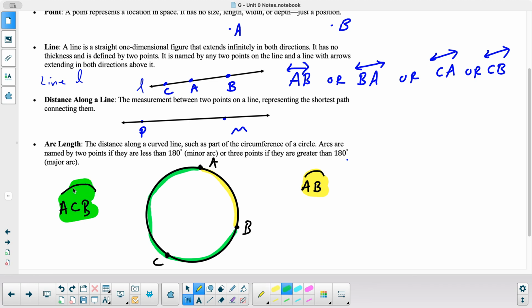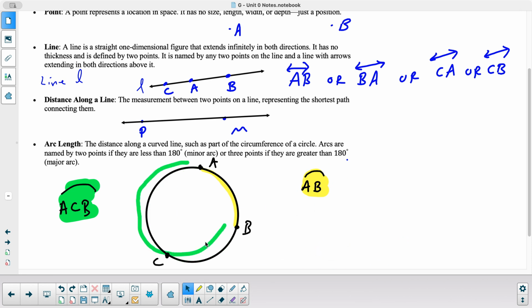So that's arc ACB, A through C to B, versus arc AB, which is definitely what we know as a minor arc. Okay. Same thing here. Let's try some other ones. I'll keep the same points, but same idea.